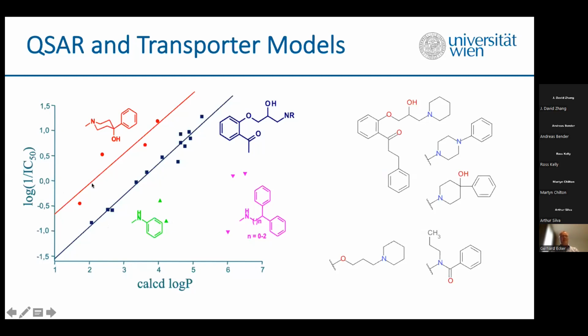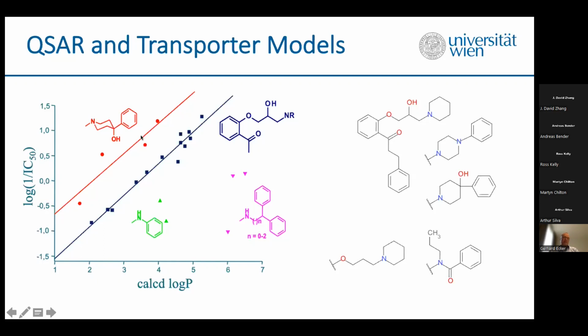And here you see, of course, when you make distinct changes, such as an additional hydrogen bond acceptor or donor in this region, or very bulky groups in close vicinity to the nitrogen, you see related effects.